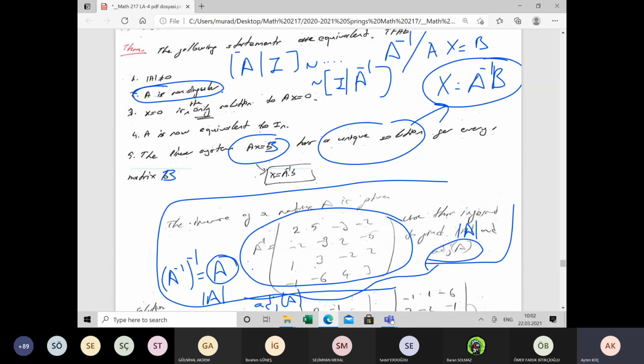What can you say about the next method? You don't have to use that method. What is the relation between the determinant of A, the inverse matrix, and the adjoint matrix?